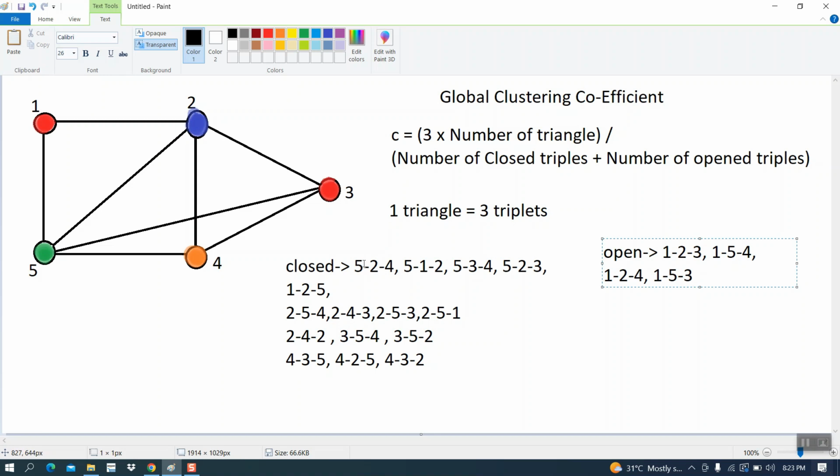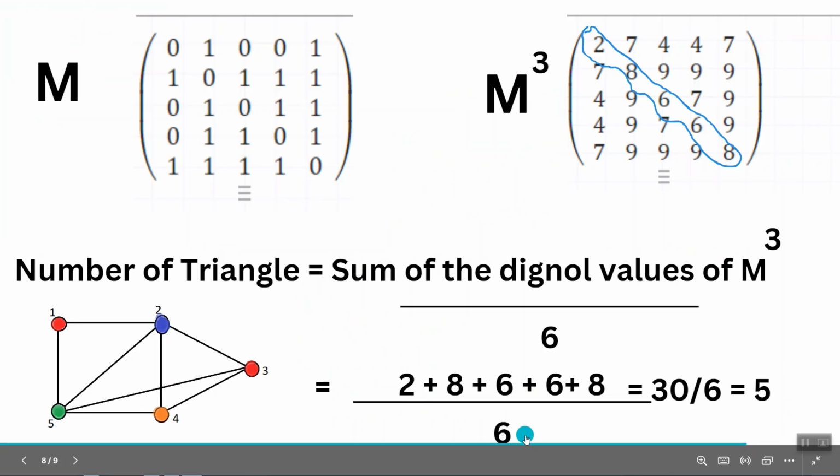Let's count how many closed triples we have. 1, 2, 3, 4, 5, 6, 7, 8, 9, 10, 11, 12, 13, 14, 15. We have 15 closed triples. As I mentioned, we have 5 triangles. As you can remember, we got the number of triangles as 5.